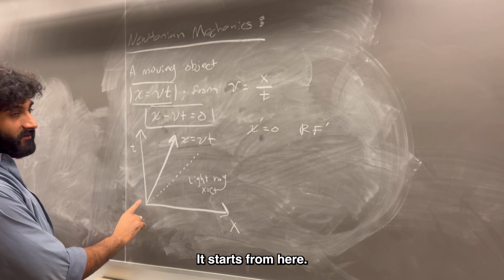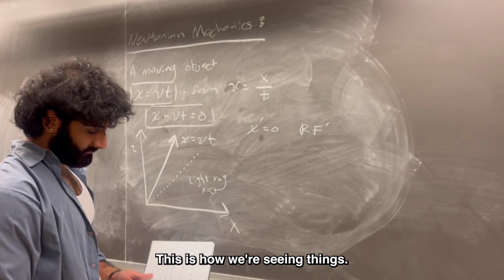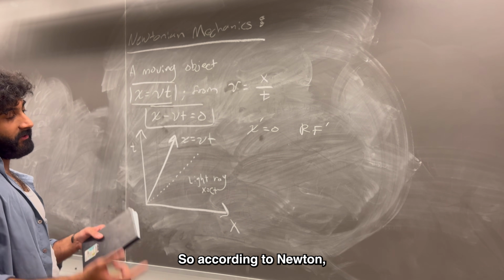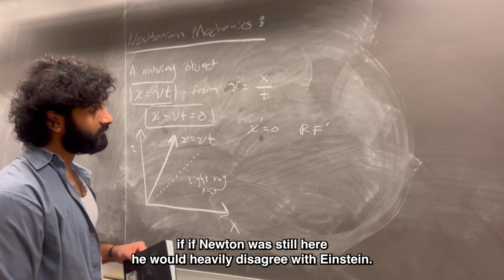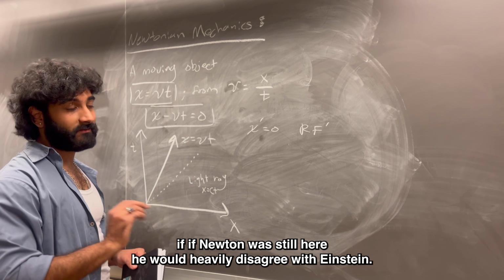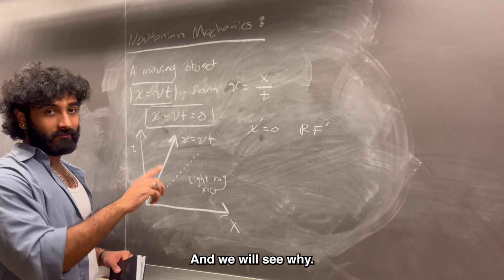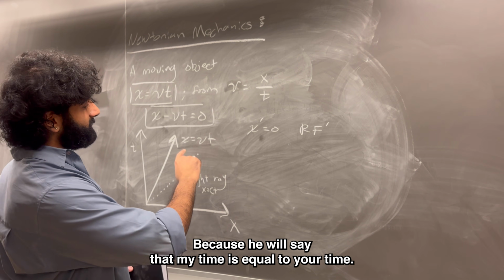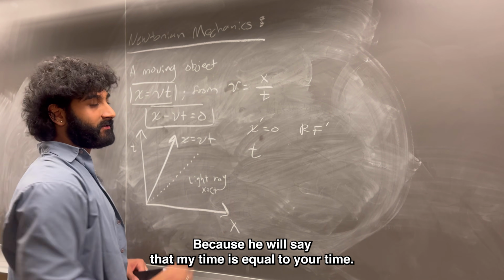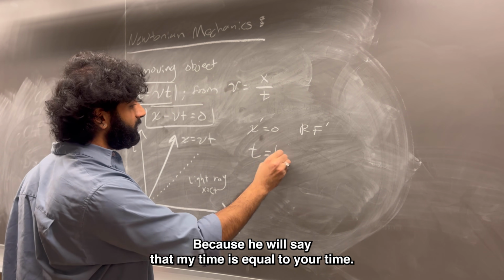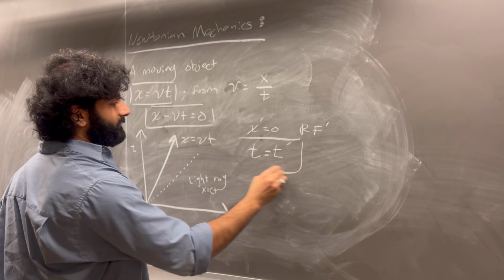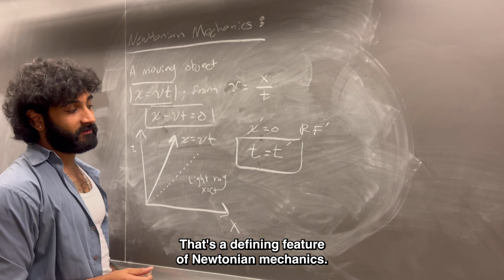It starts from here. This is how we're seeing things. So according to Newton, if Newton was still here, he would heavily disagree with Einstein, and we will see why, because he will say that my time is equal to your time. That's a defining feature of Newtonian mechanics.